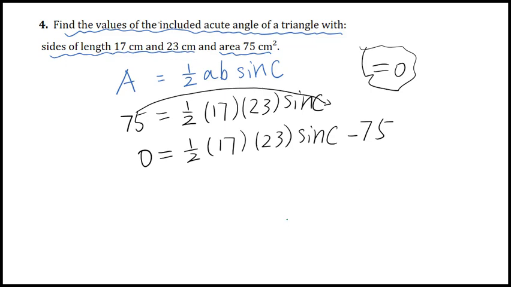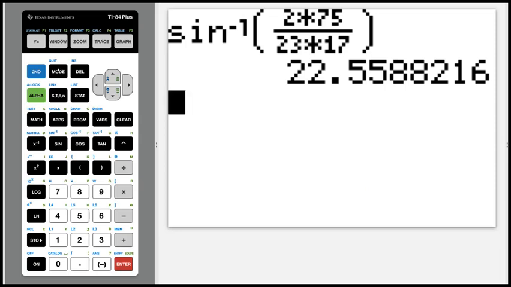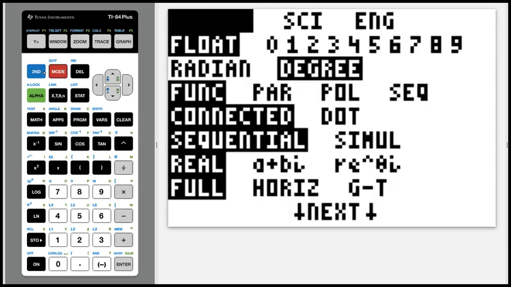We know this is an acute angle. Acute angle means this C is between 0 to 90 degrees. So in the equation solver, when you estimate the value, try to use a value between 0 to 90 degrees. Make sure your mode is degree.